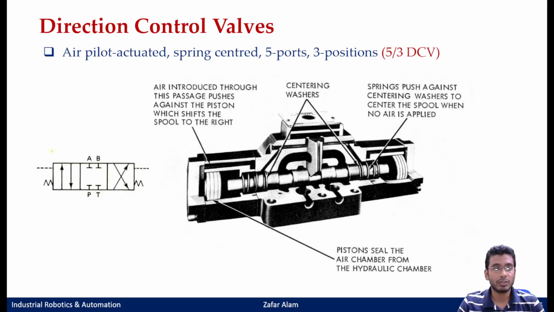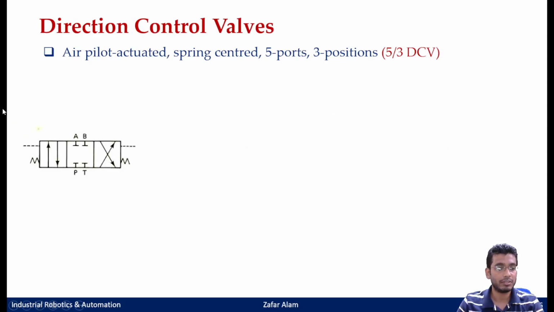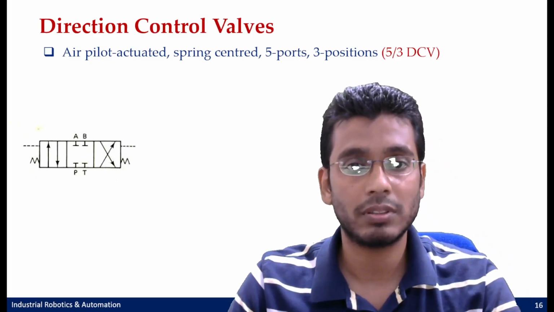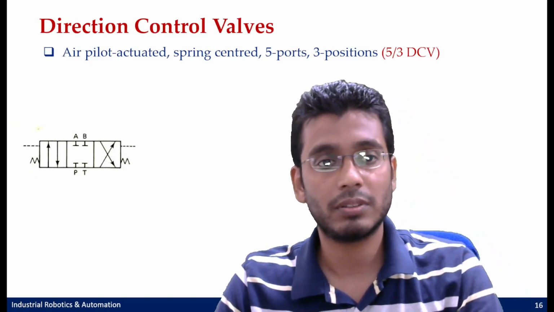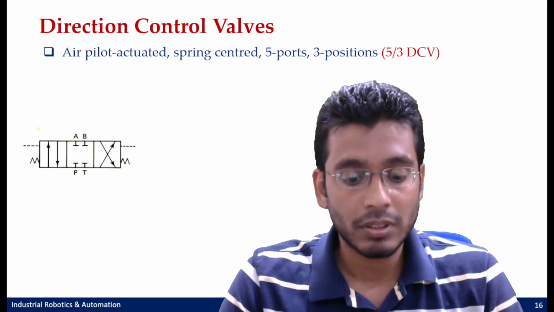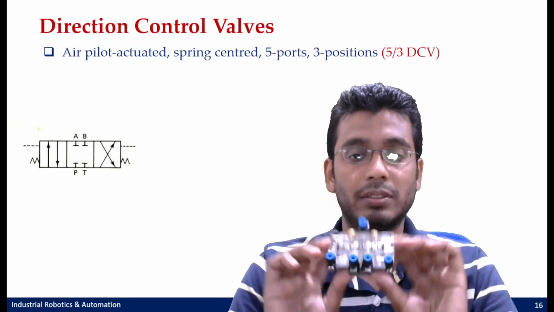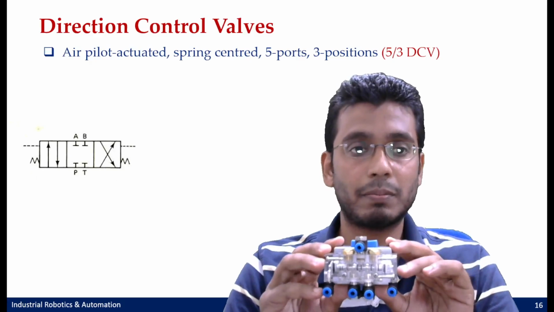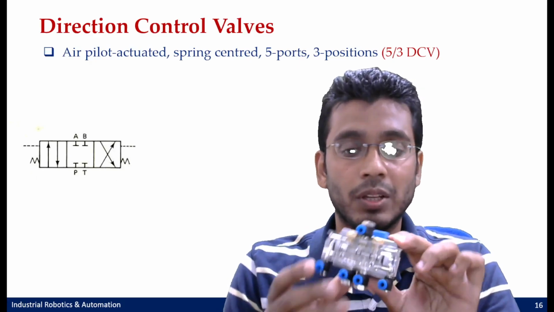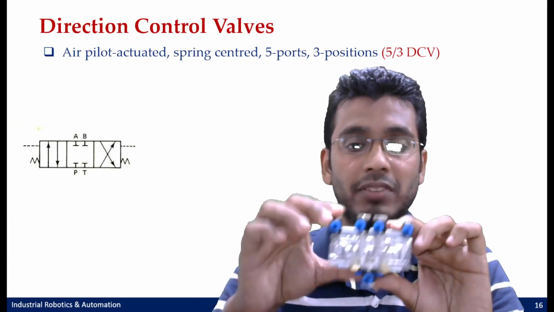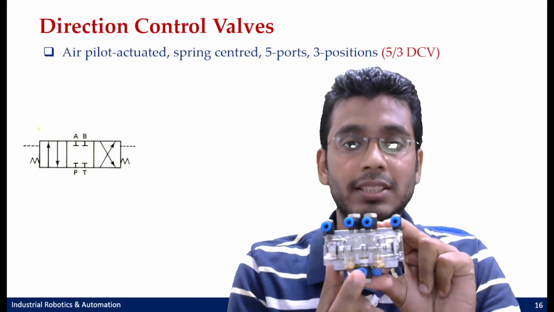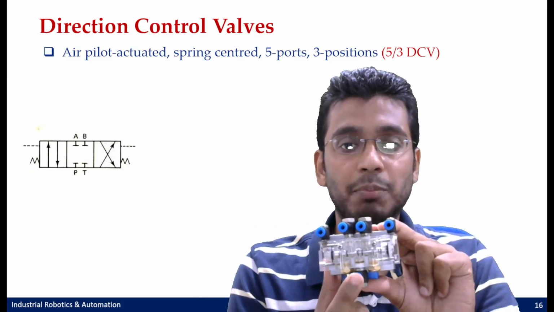Fine. So I have one DCV with me. I will just show you. If you see this here, in the previous configuration that I showed you, this is the pilot port.